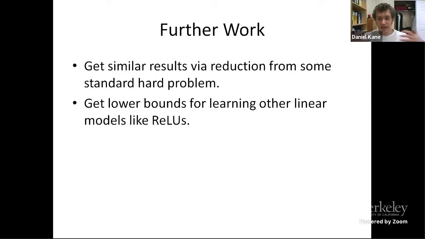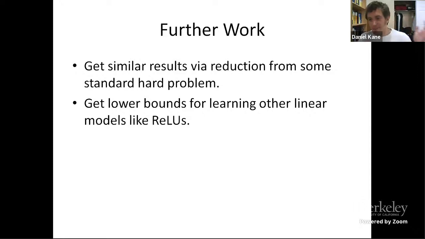It would also be nice to extend these kinds of techniques to get lower bounds for learning other linear models like ReLUs. And there's some difficulty doing some of that with statistical query lower bounds, because basically the kinds of SQ dimension arguments that we are using tend to only really work when the distribution that you're working with has full support.